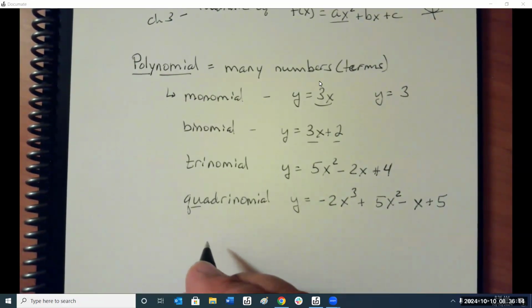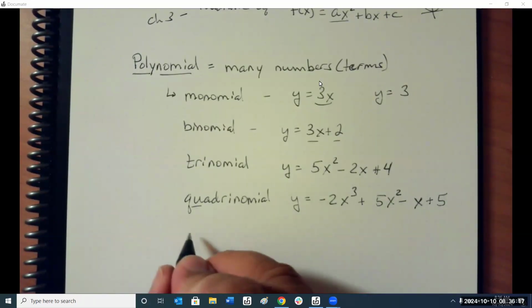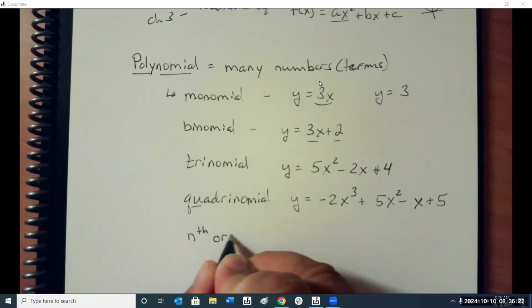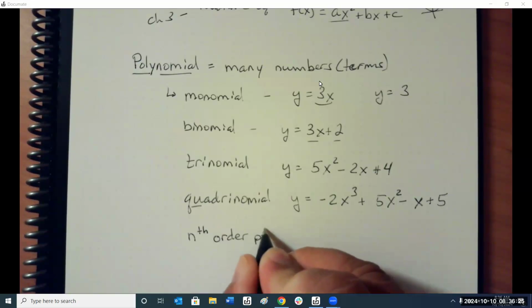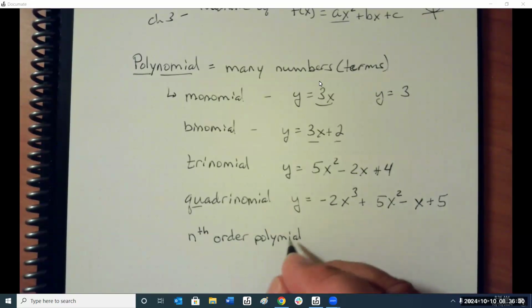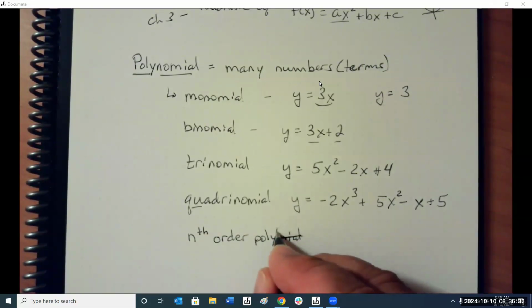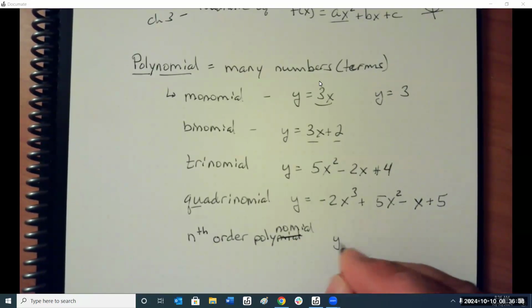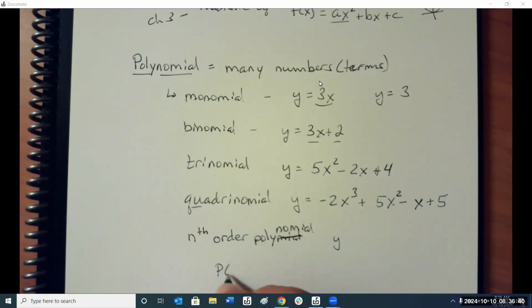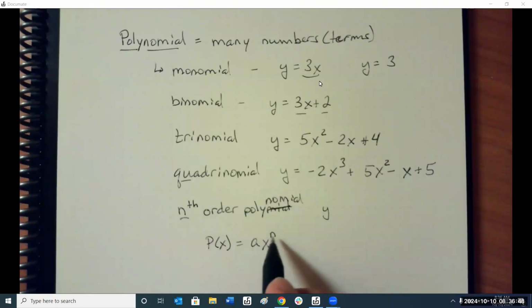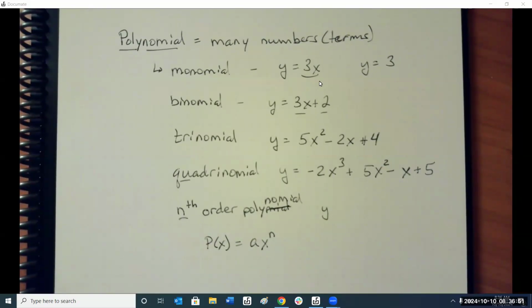Anything higher than this, we say it's an nth order polynomial, which actually looks like this. You'll have a leading term. Since it's an nth order, that's the degree.